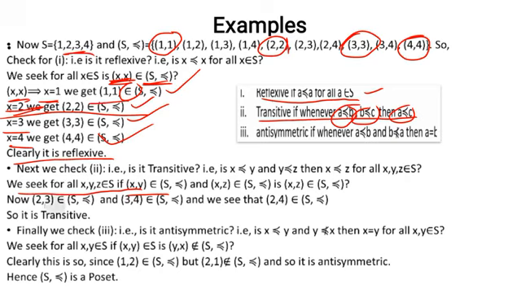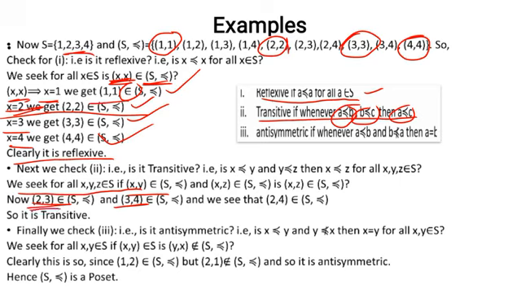Here we have chosen (2,3). We also picked (3,4). You can choose any one of your choice and see.